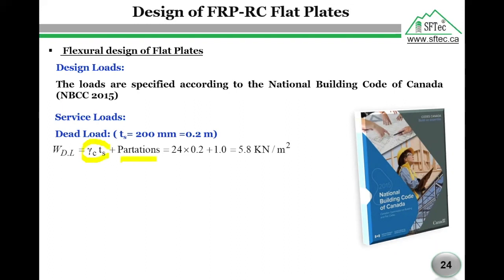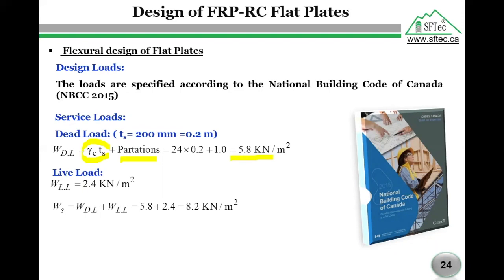The weight of the concrete equals the density of concrete, which is 24 kilonewton per meter cubed, times the slab thickness. We have a slab thickness of 200 millimeters, so 0.2 meter. Plus the partitions. The partitions in parking garages, according to NBCC 2015, equal 1. So finally we have W dead load of 5.8.